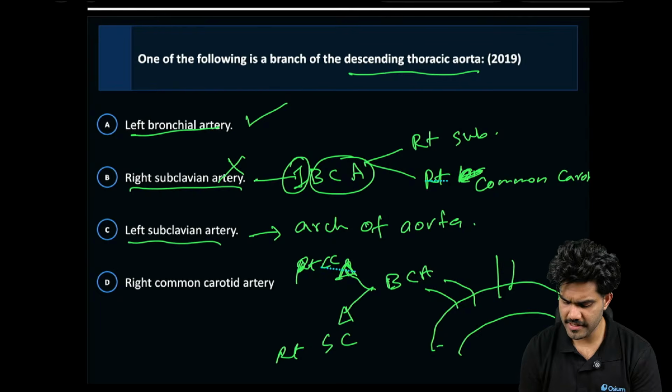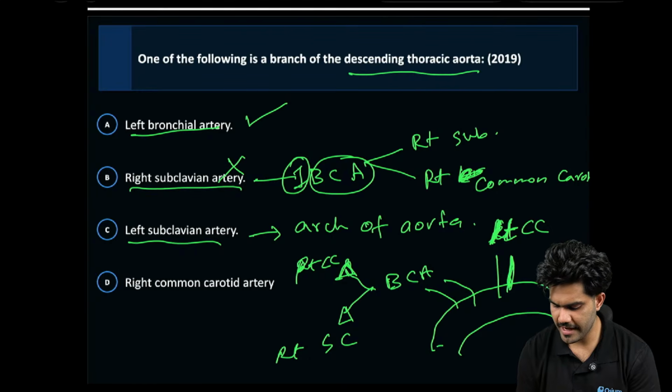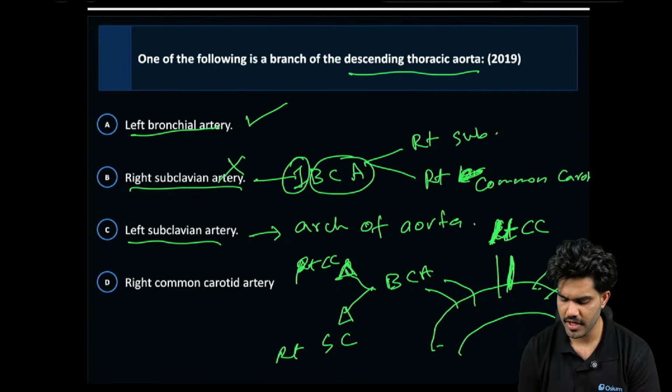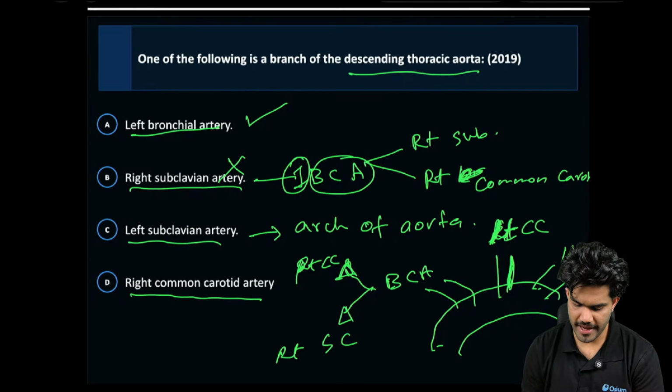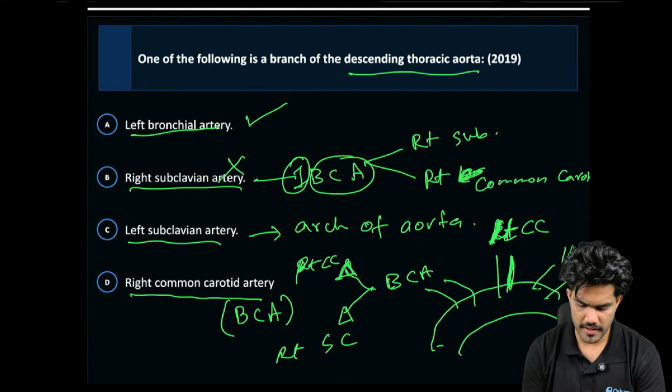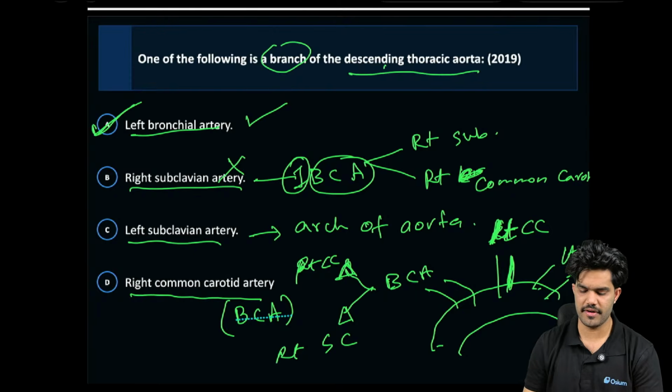The left common carotid is directly from the arch of aorta, and then we have what? Left subclavian. So right common carotid arises from brachiocephalic artery. So the branch of descending thoracic aorta only present here is left bronchial artery.